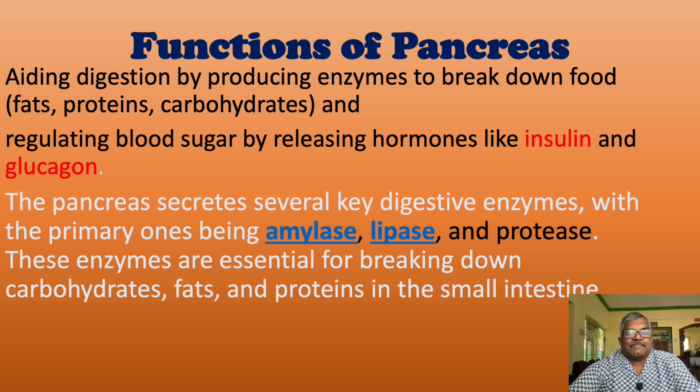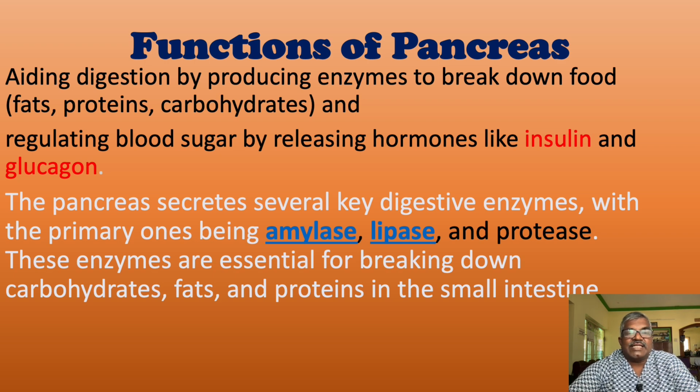Functions of the pancreas. You already know that it is a mixed gland. It can secrete hormones as well as enzymes. The pancreas secretes several enzymes: amylase, which is used to digest carbohydrates, lipase, used to digest fats, and protease, which is used to digest proteins.